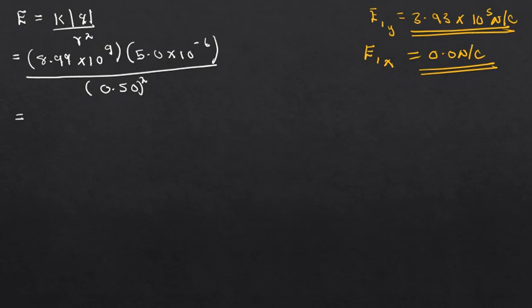Having done my calculations, let me redo it: 8.99 multiplied by 10 to the power 9, times 5 multiplied by 10 to the power -6, divided by 0.5 squared.